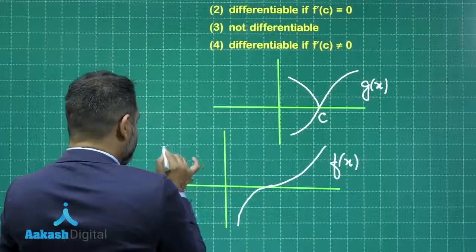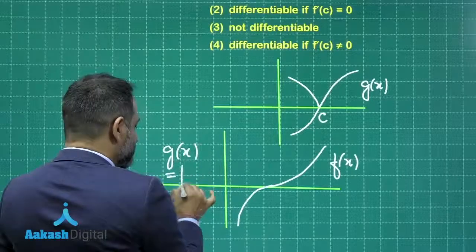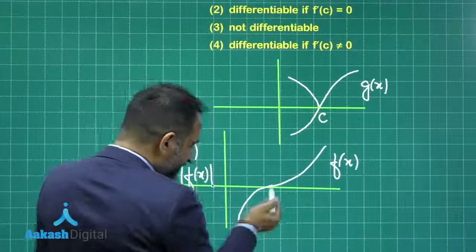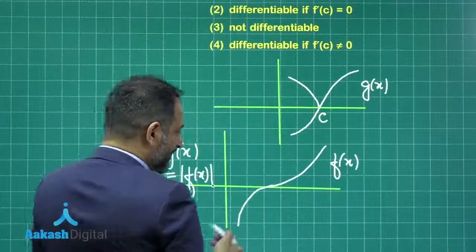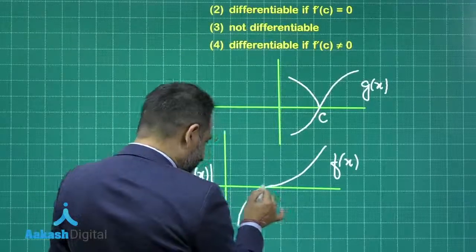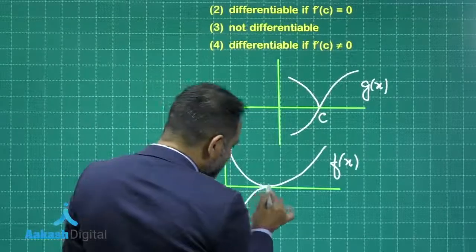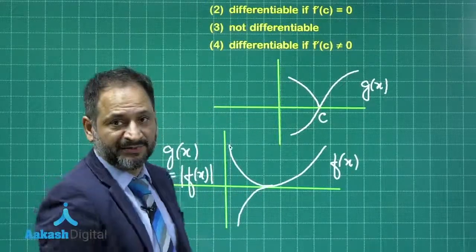Now if you draw the graph of g of x which is equal to modulus of f of x, you want to draw the mirror image of this part, and when you draw it, you can see the derivative at this point of g of x is again equal to 0.